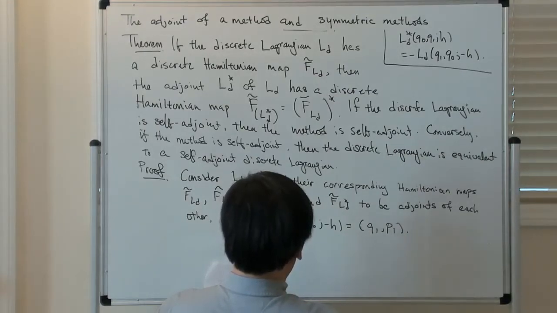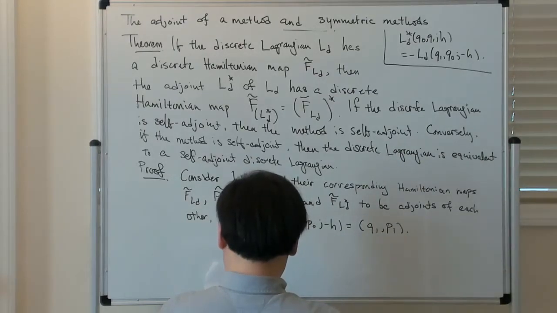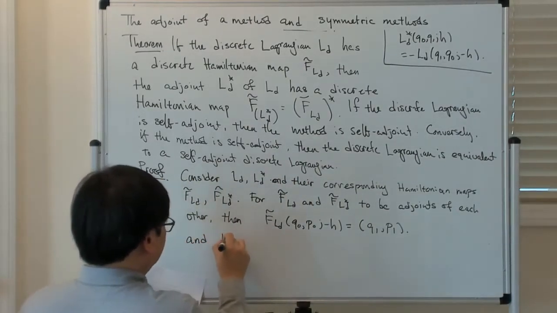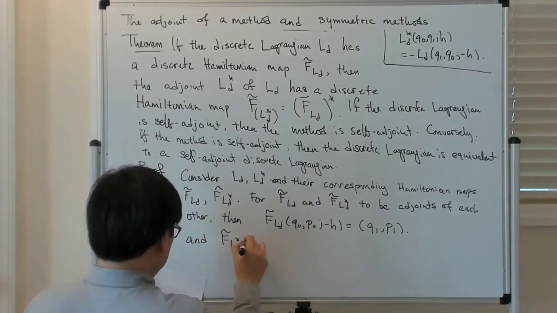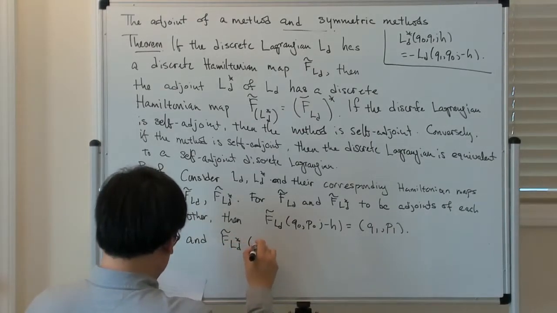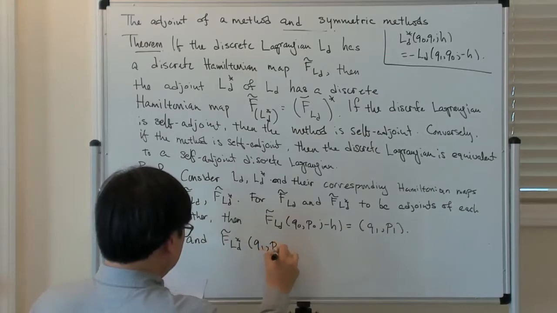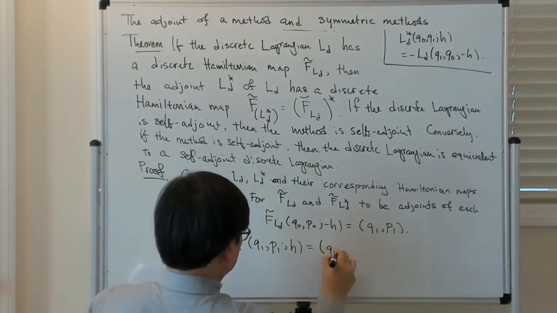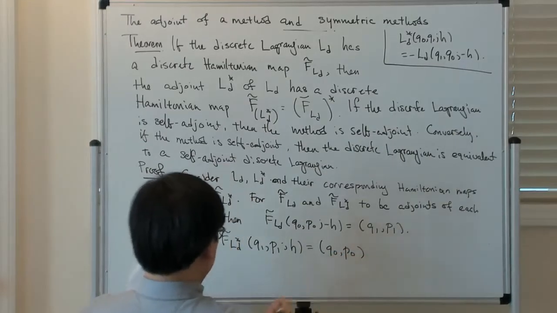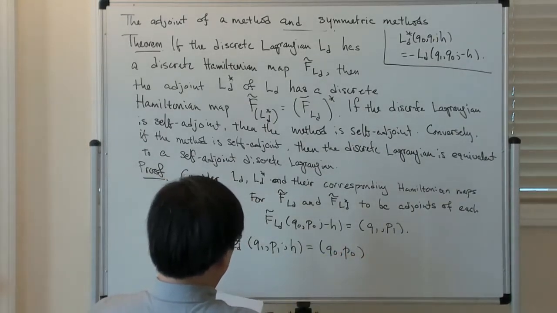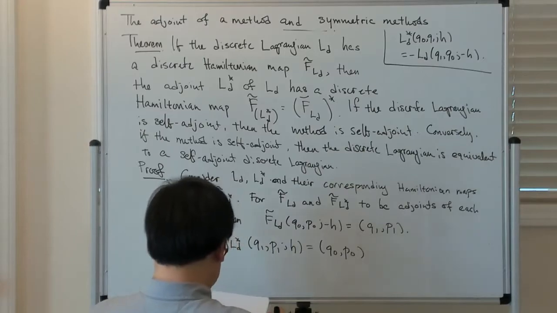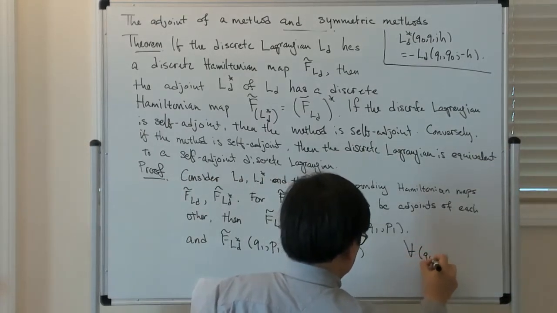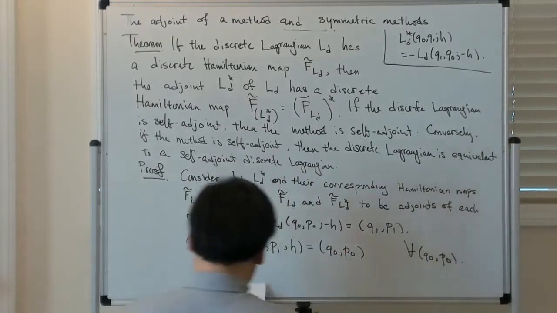And F̃_{L_D star} applied to (q1, p1) with a positive time step has to equal (q0, p0). And this has to be true for all initial positions and initial momenta.